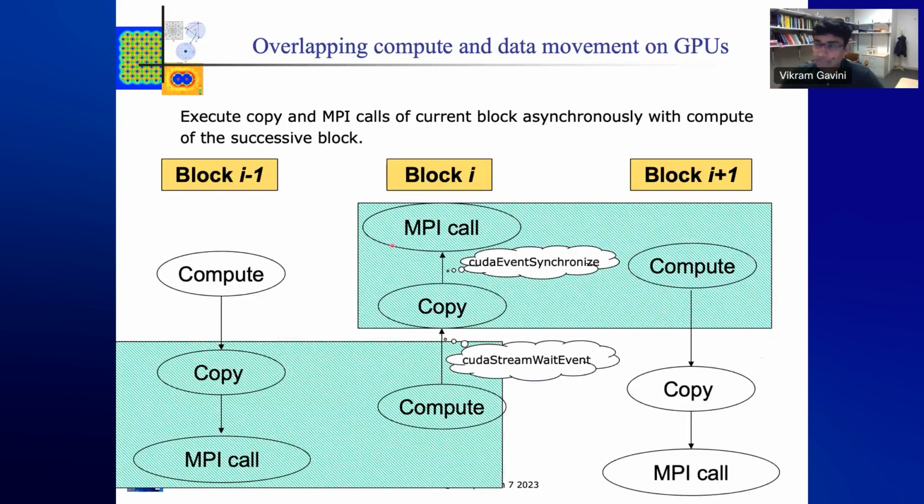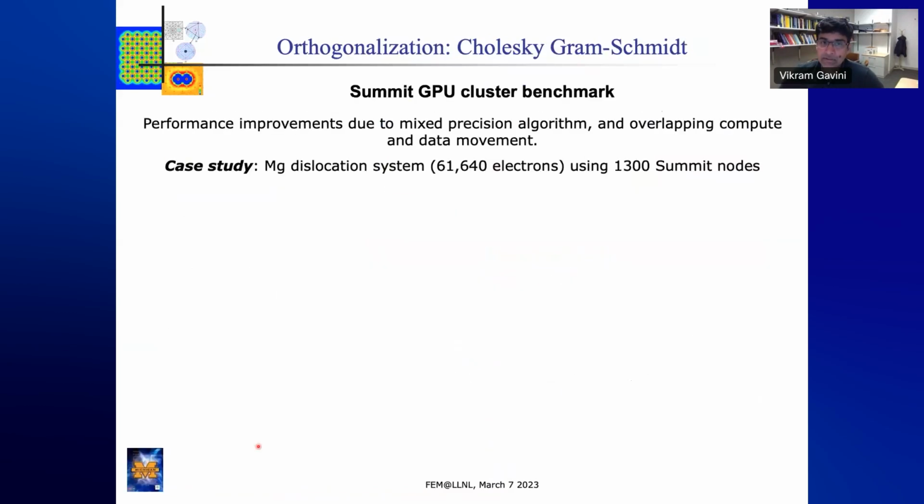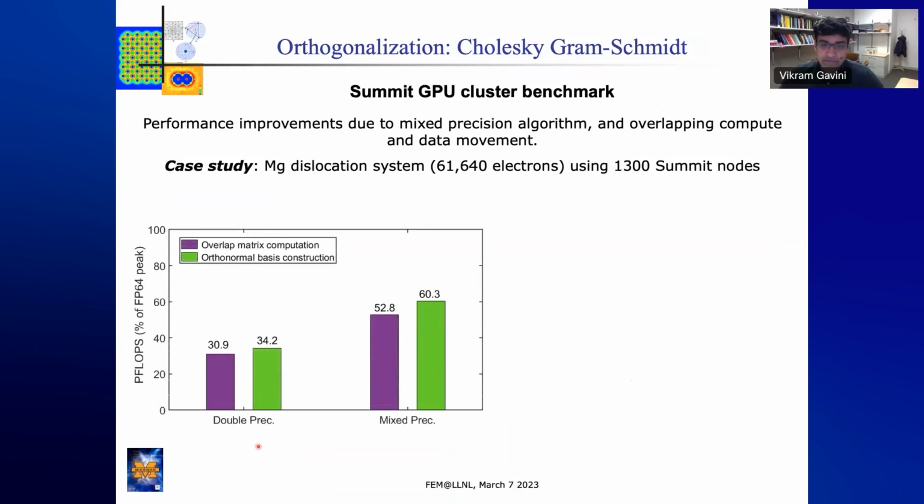So this is the basic strategy, as I mentioned, of overlapping compute and communication, where while the compute of the other block is happening, the communication and the copy operations of the previous block can be happening simultaneously. This is the performance that we got with a 60,000 electron system on 1,300 Summit nodes.